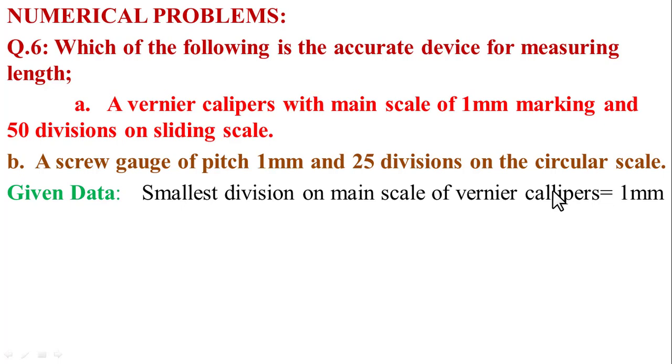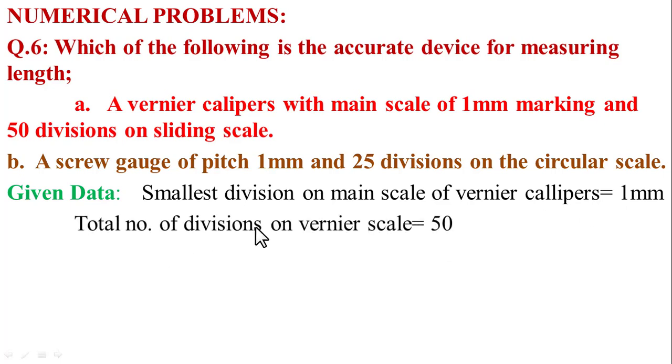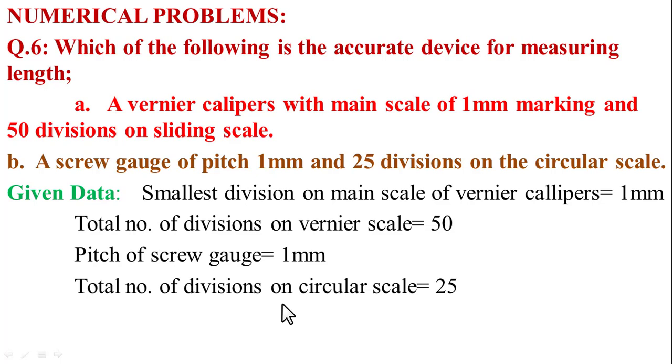Smallest division on the main scale of the vernier caliper is 1 millimeter. Also, the total number of divisions on the vernier scale is 50. The pitch of the screw gauge is 1 millimeter, and the total number of divisions on the circular scale is 25. So we write both parts of the given data.